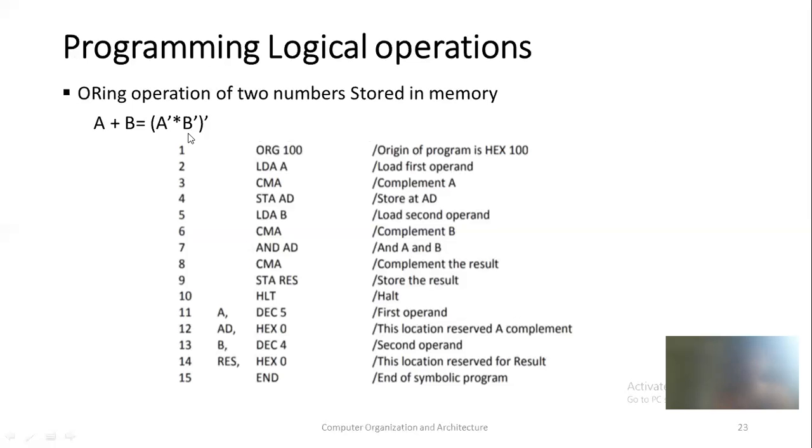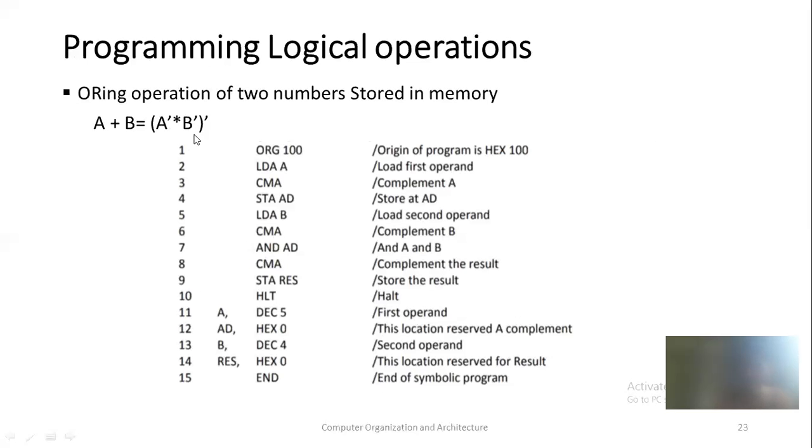So let me first load the number from location A, then complement it, and then store it at the temporary location AD. Then load the number from location B, complement that number. Now what we have to do is A dash and B dash.